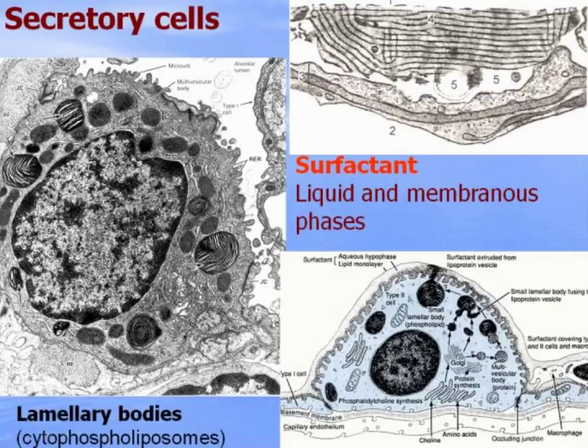This is type 1 alveolocyte, basal membrane and endothelial cell, so this is a barrier between air and blood. So the membranous phase consists of several membranes, universal biological membranes in structure. So phospholipid bilayers with proteins.